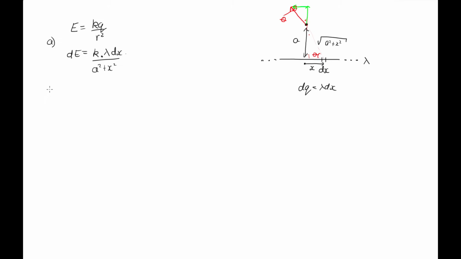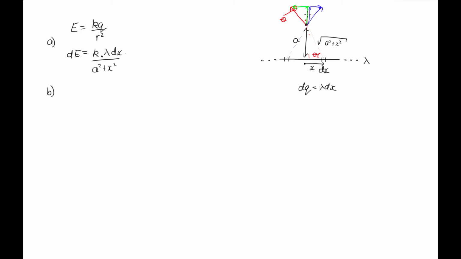So that's part A. Now in part B, it points out that if we consider another point on this side here, then if we consider the electric field due to this one at this point A, it's going up like this. So if we split that into vertical and horizontal components, these horizontal components cancel while the vertical components add.